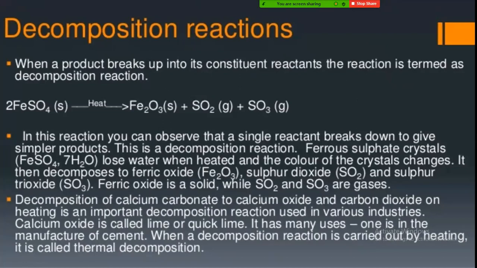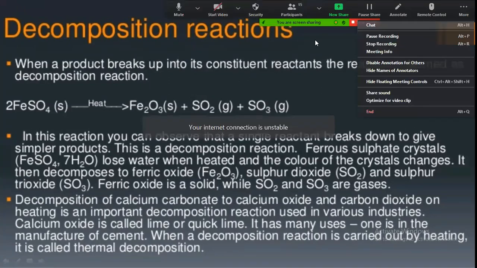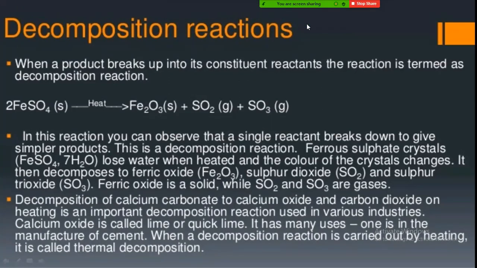Look at this one, FeSO4, ferrous sulfate. When heated up, what is the name of these molecules? Come on, tell me, what will be the name of these molecules? Fe2O3, SO2 and SO3. Come on, can anyone say it? Somebody, please.